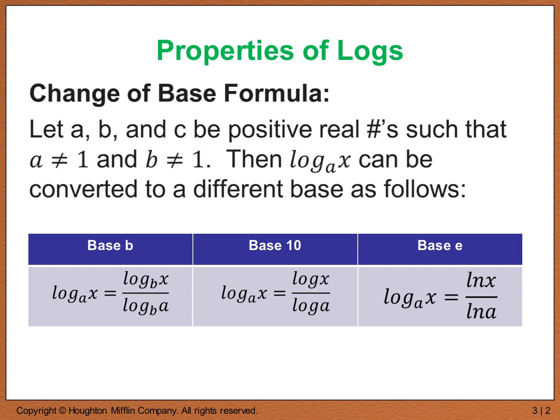So the way I like to think about this, and this has worked for me for many years, is when I write out the log of something, I have a big number, which we'll call x. And when I say big, it's just physically taller than my little subscript, which I'm going to call a.